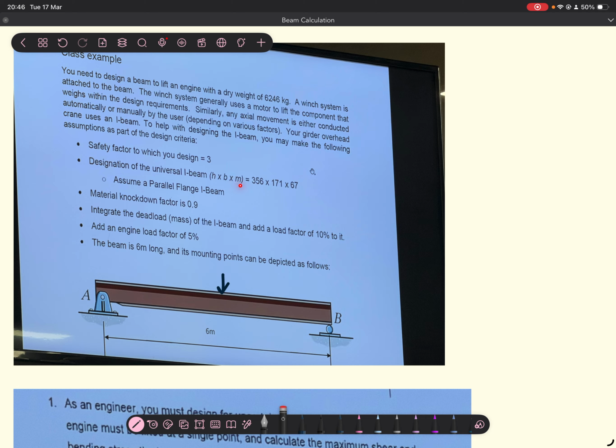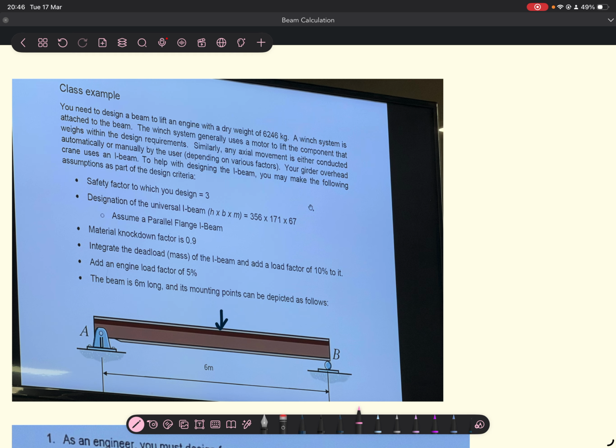We're given an I-beam with these dimensions, given a knockdown factor, given a load factor of that much, and an engine load factor of that much. Okay, so let's walk through our assumptions one by one. Safety factor is pretty self-explanatory.